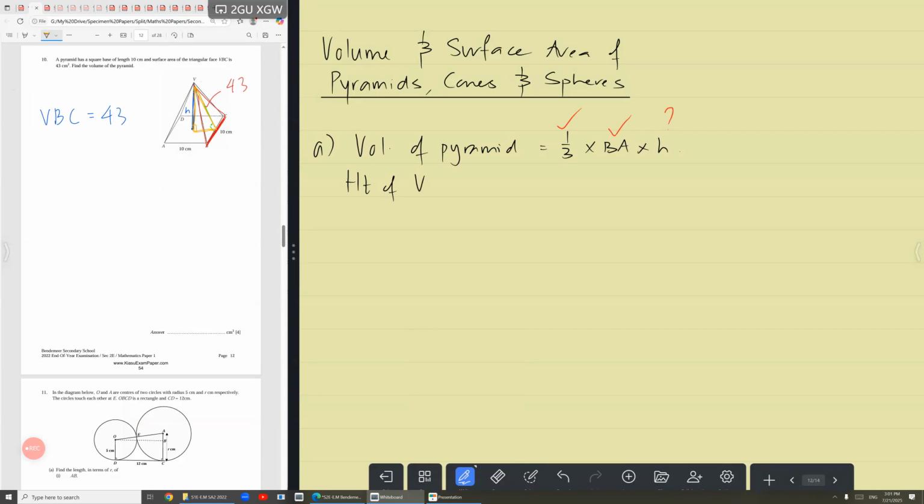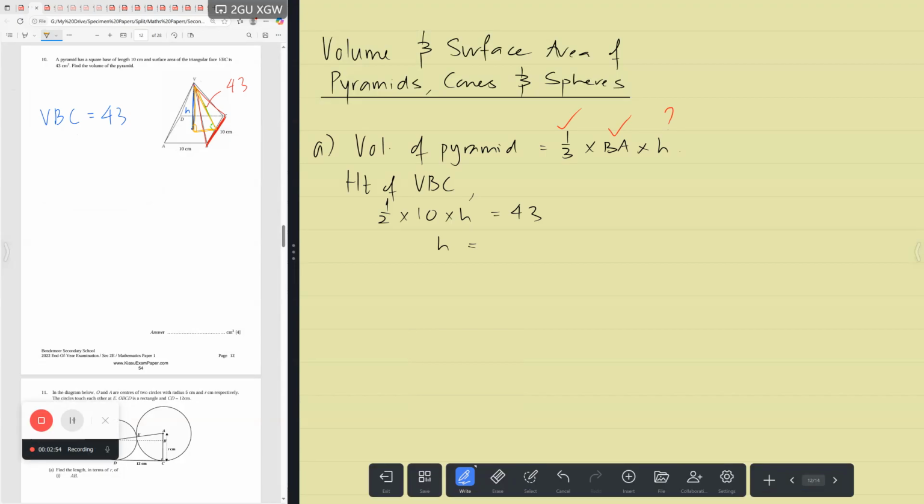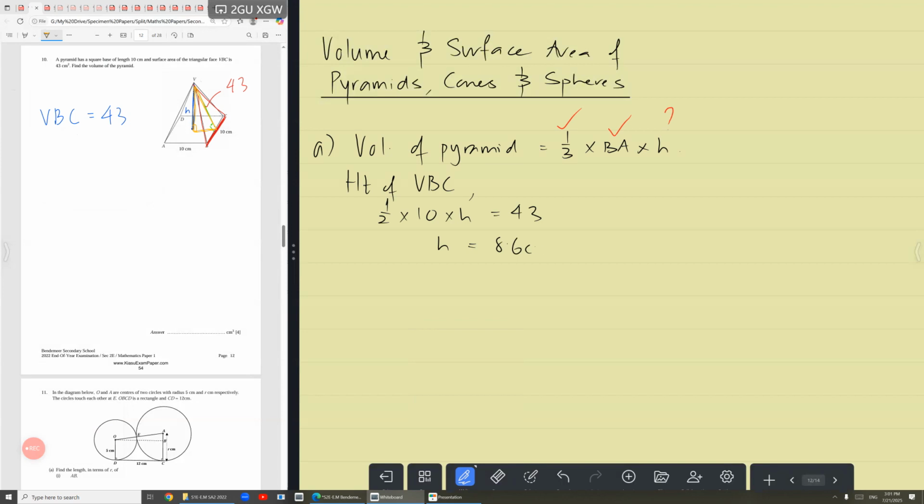Half times 10 times height is equal to 43. So the height of triangle VBC is simply 8.6 centimeters.